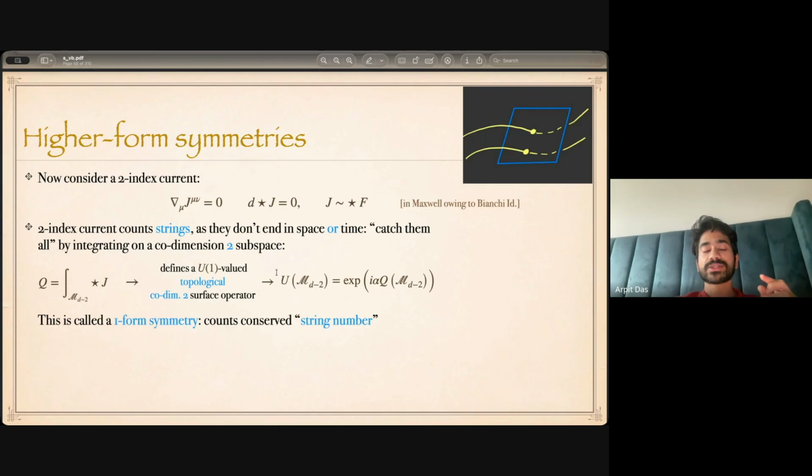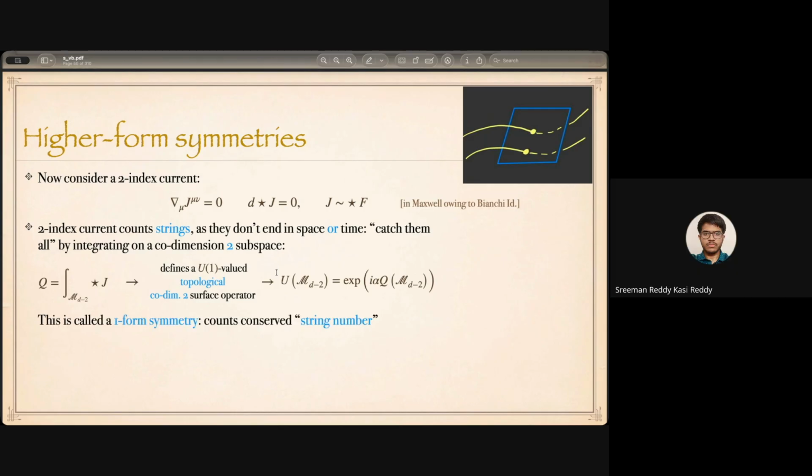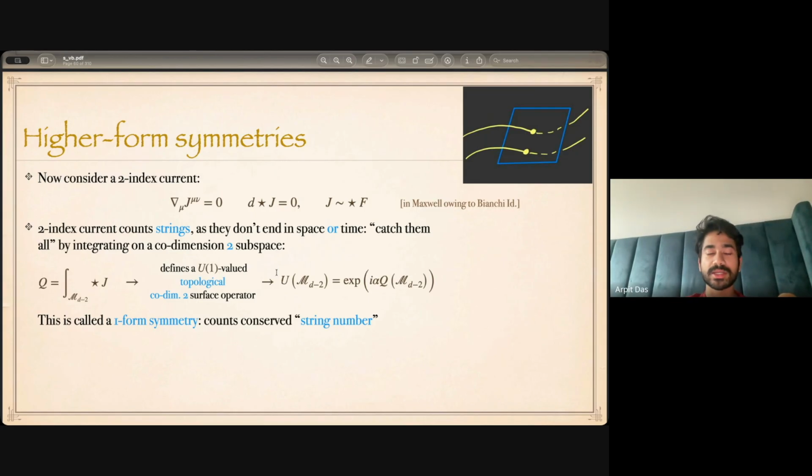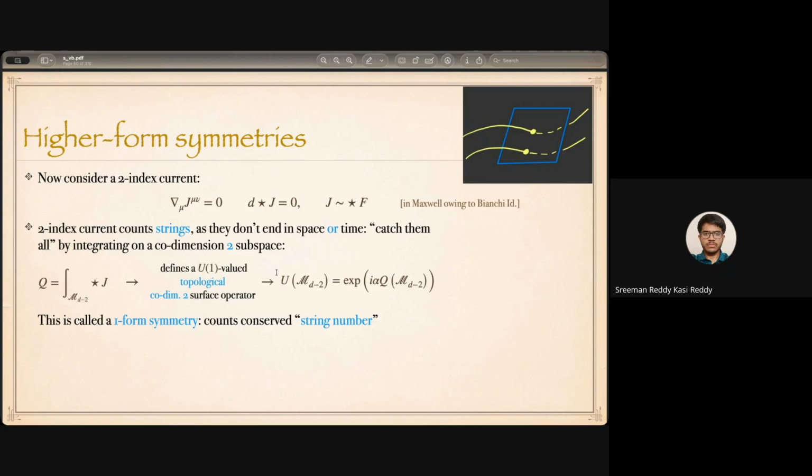Is this only for fundamental strings or also for emergent QCD strings, which are approximate strings? What do you mean by approximate string? Sorry, in QCD there are confining strings which are not fundamental strings but emergent strings, which at high energy are actually particles.